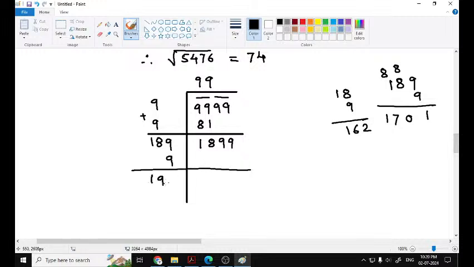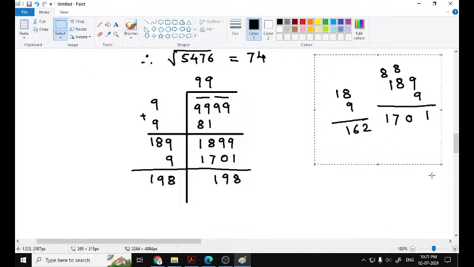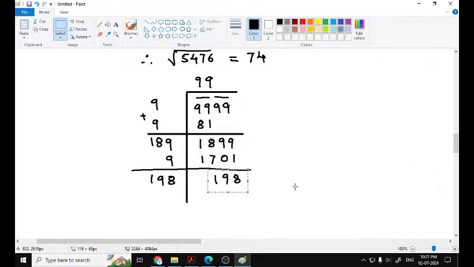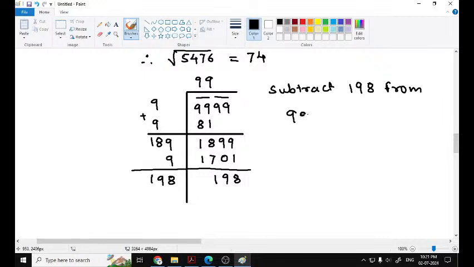This is 198 and the multiplication is 1701. 8, 9, 1, and no more periods are there, so this is our final answer, that we should subtract 198 from 9999 to get a perfect square.